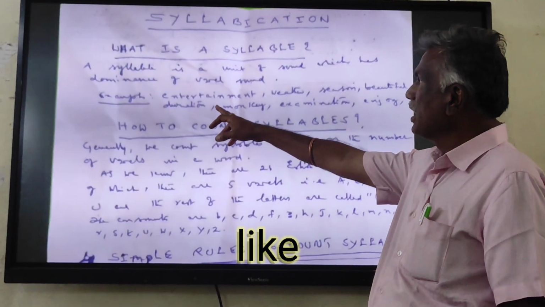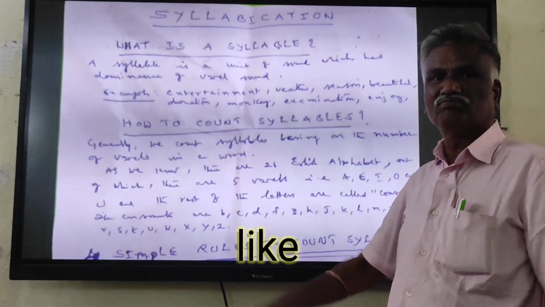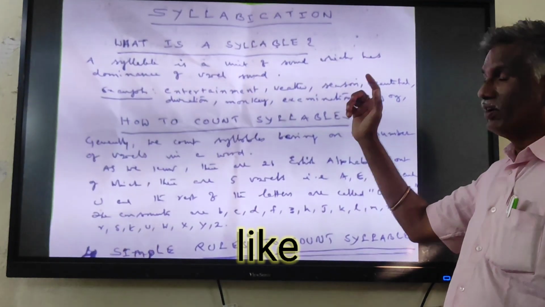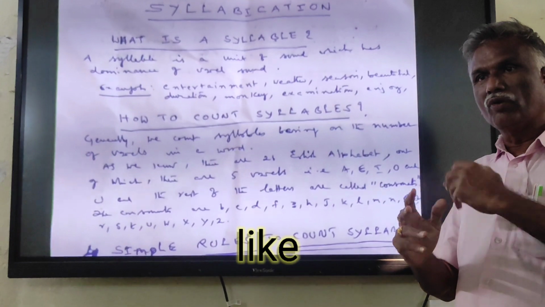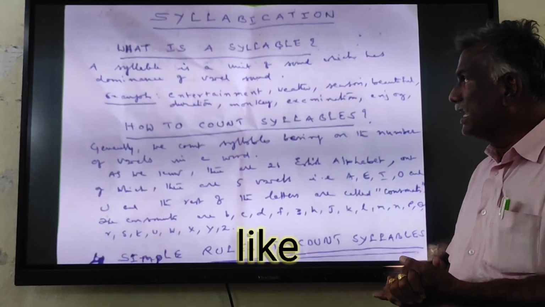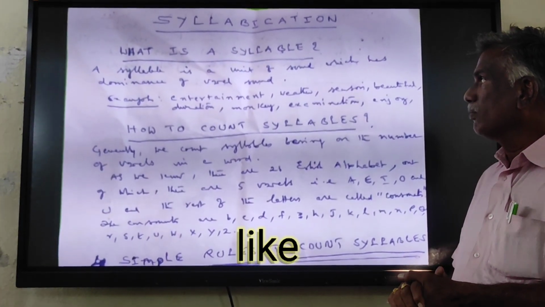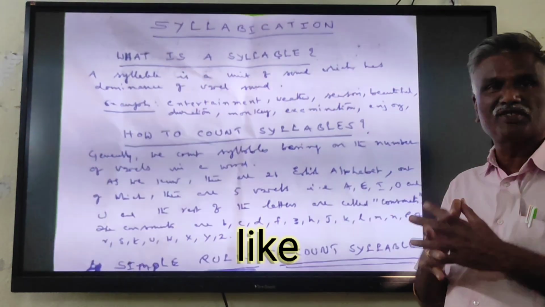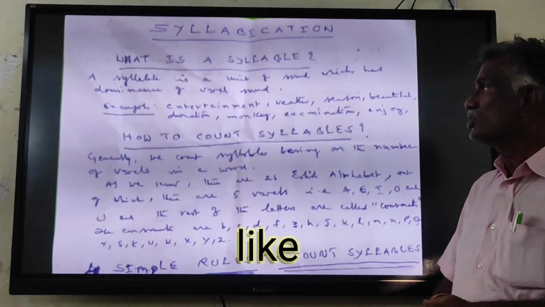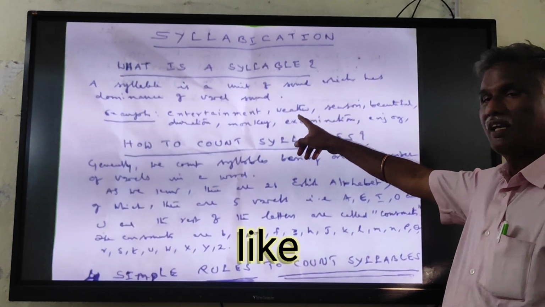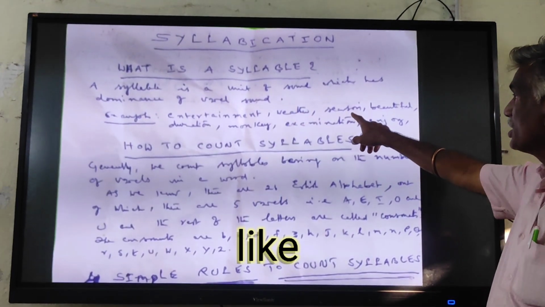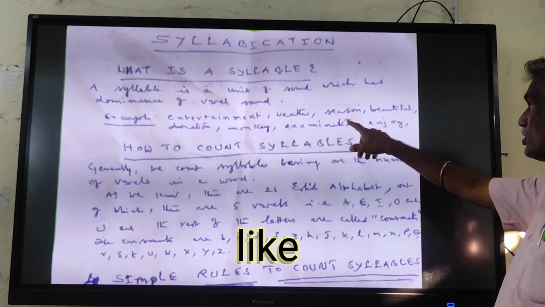For example, entertainment. This is a long word. Let us break it down into syllables. Entertainment. There are four syllables. Like that, weather has two syllables. Season has two syllables.